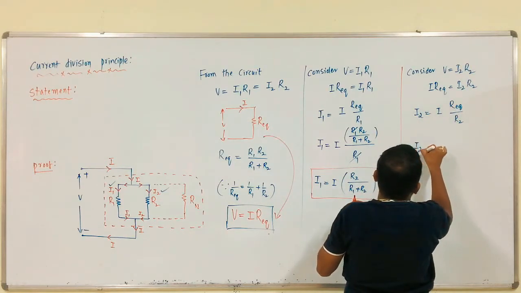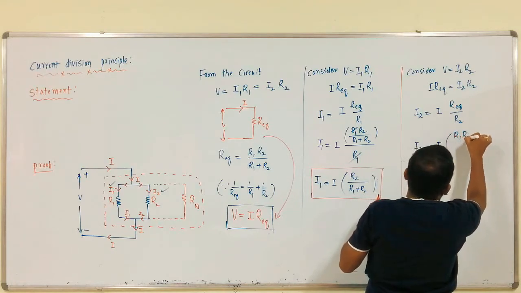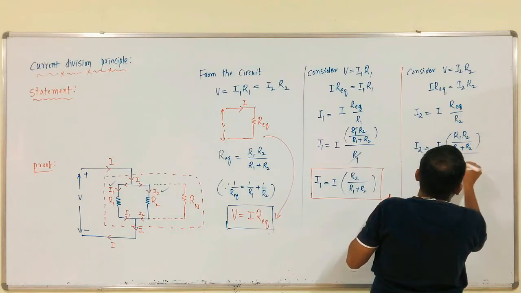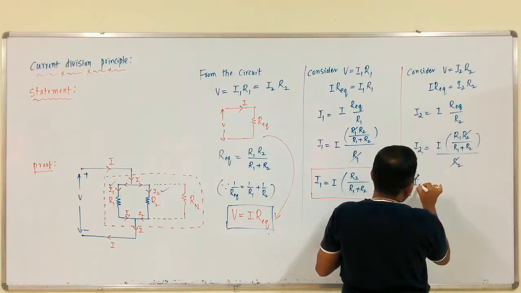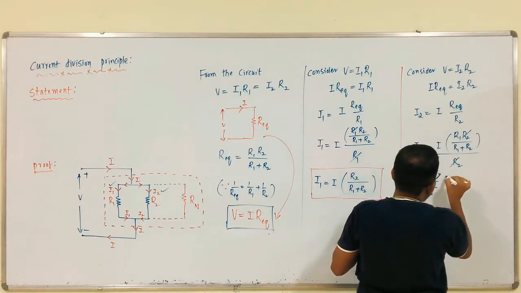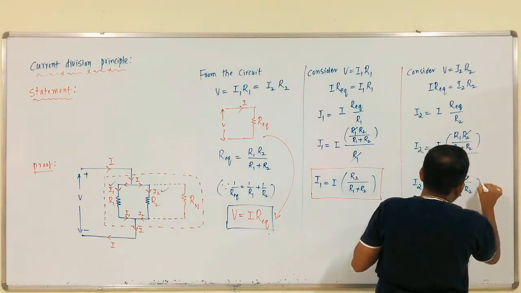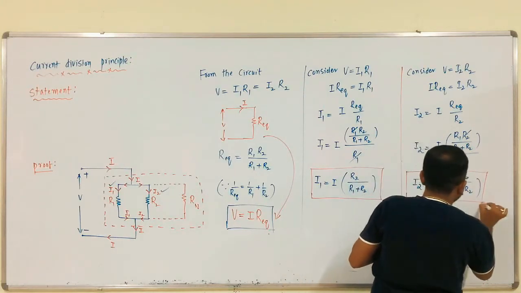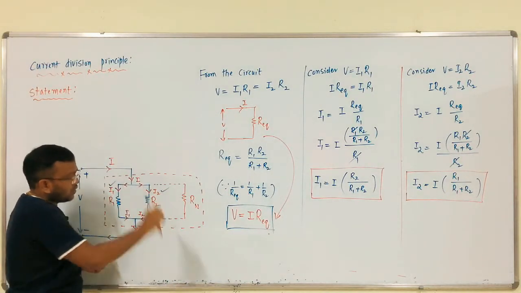Therefore I2 equals I into R1 R2 by R1 plus R2, divided by R2. R2 gets cancelled. Therefore I2 equals total current into R1 by R1 plus R2. This is the second branch current. I1 is through R1, I2 is through R2.